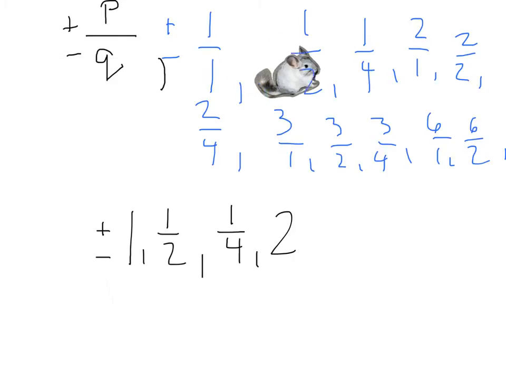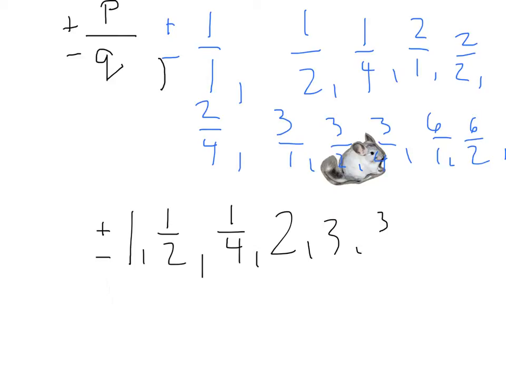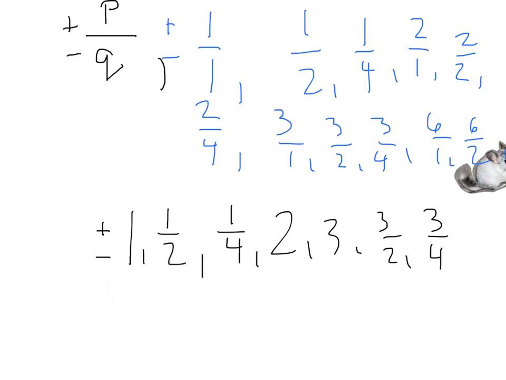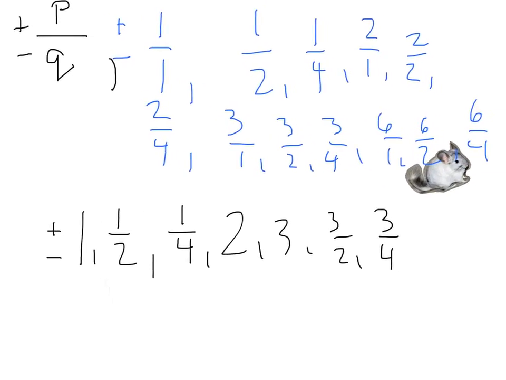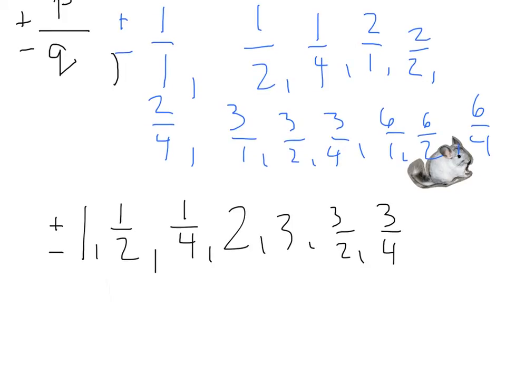and then you just go through all of these, and of course you want to simplify. So 2/4 would be the same as 1/2, so we don't need to rewrite that, but we would write 3, 3/2 and 3/4, and 6, 6/2, and we also had 6/4. 6/2 is just 2, and 6/4 would be 3/2, which we already have anyway.